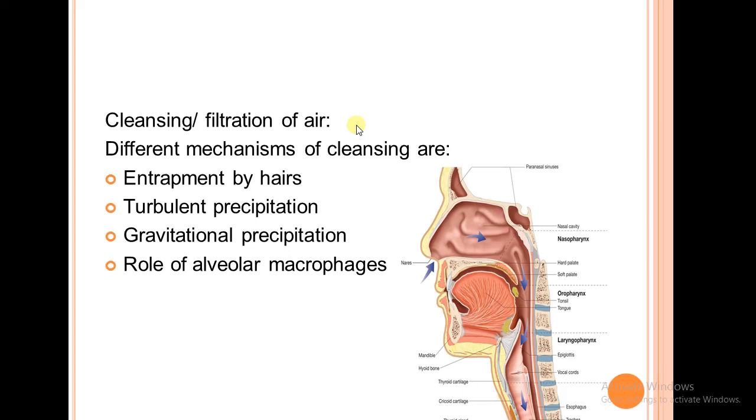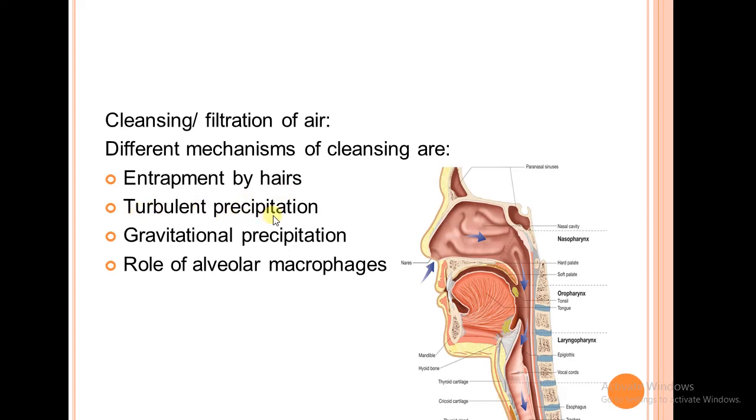I will tell you how much is performed by the upper respiratory tract and which air cleansing mechanism occurs in the lower respiratory tract. So the different mechanisms of cleansing of air include the entrapment by the hairs.